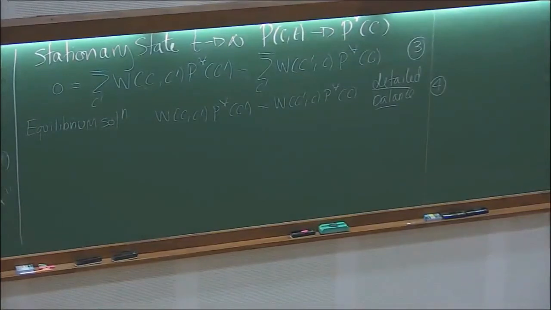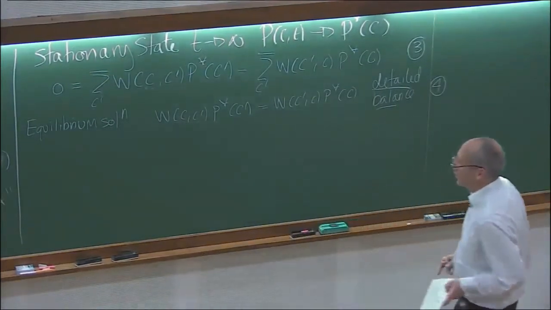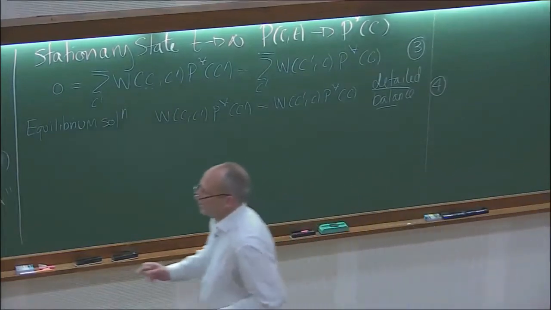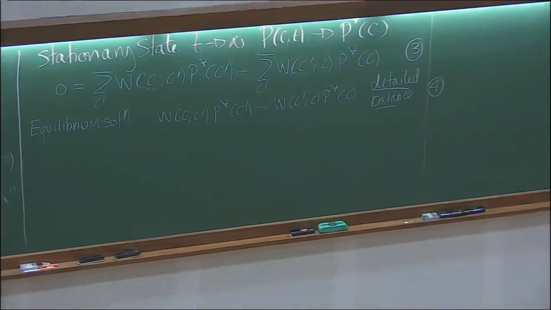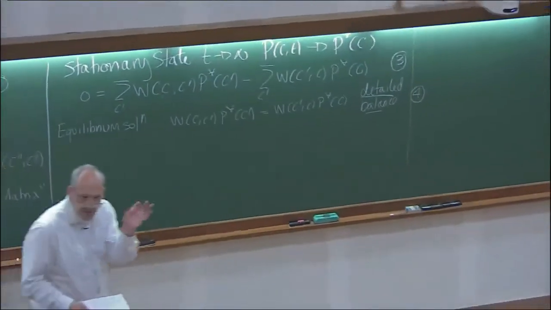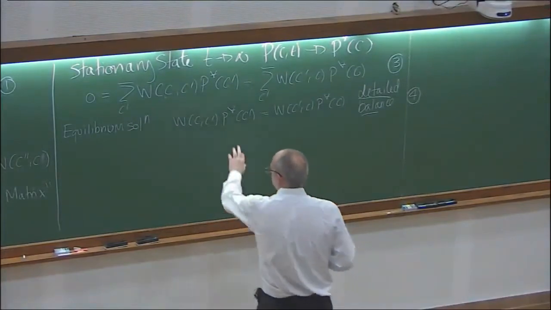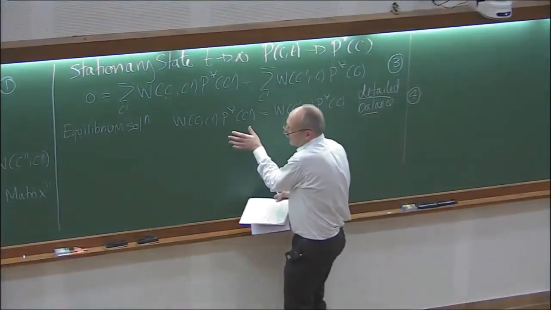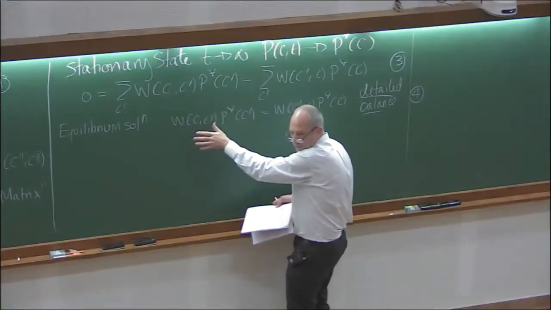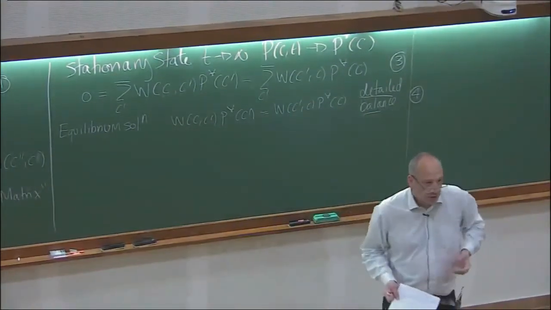Okay, so why is this a significant solution? Well, I called these terms here the total flux of probability going into C. So each individual term is the individual current between configuration C primed and C. So what I see is that the current of probability going in to C from C primed is the same as the current going out.